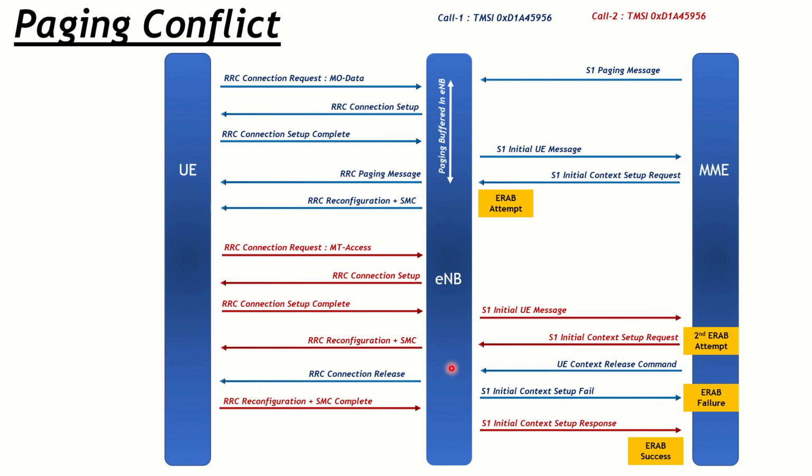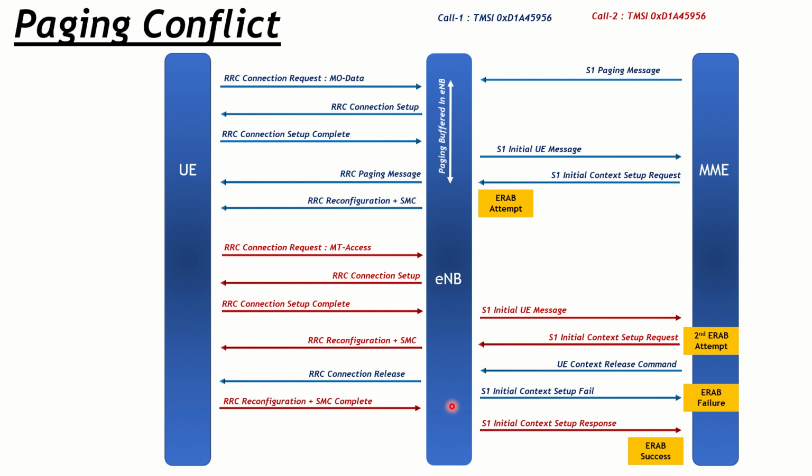Now the E node B does not know that these two calls are for the same UE because it cannot read the TMSI, and it will actually think that the first call has been rejected by the MME and it will peg it as an ERAB setup failure induced by the MME, and it will continue to proceed with the RRC reconfiguration and security mode command and the ERAB setup for the same UE but the second call.